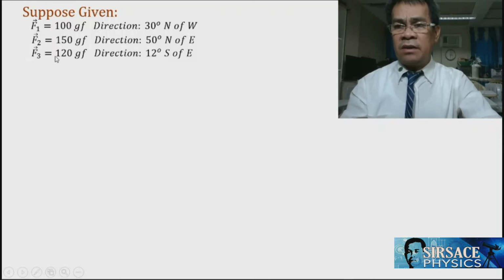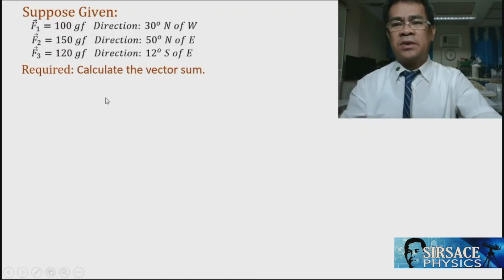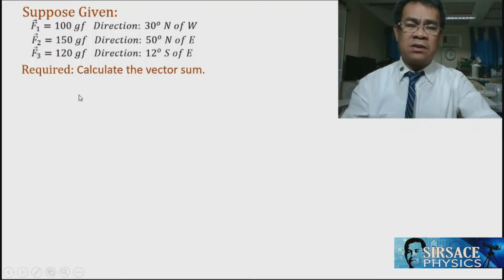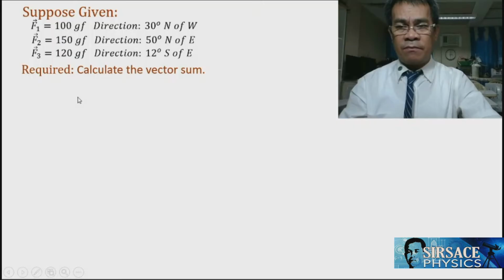Then F3 has a magnitude of 120 gram force in the direction of 12 degrees southern part of east. So the question is, what is the vector sum, or calculate the resultant? Now, again, there are many methods, but in this problem, we will solve this using the polygon method.